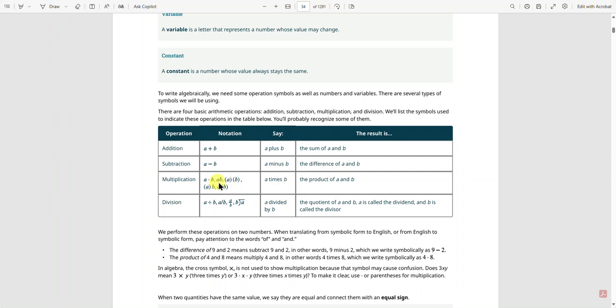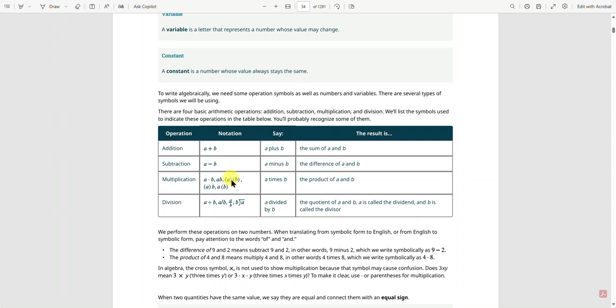A second way to express multiplication in algebra is to simply put the two variables together like this, AB. This is expressed as A times B. So two variables written together like this expresses multiplication, A times B. We can also put them in parentheses like this.